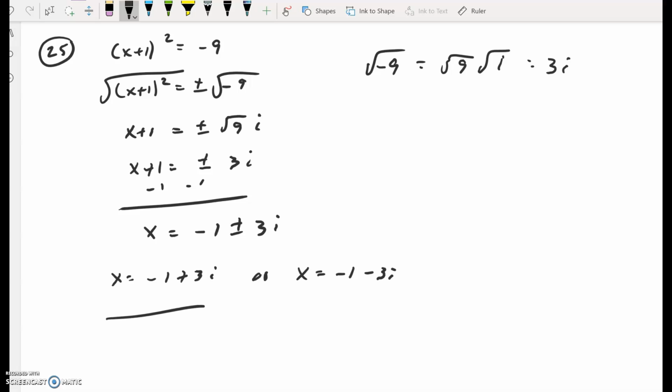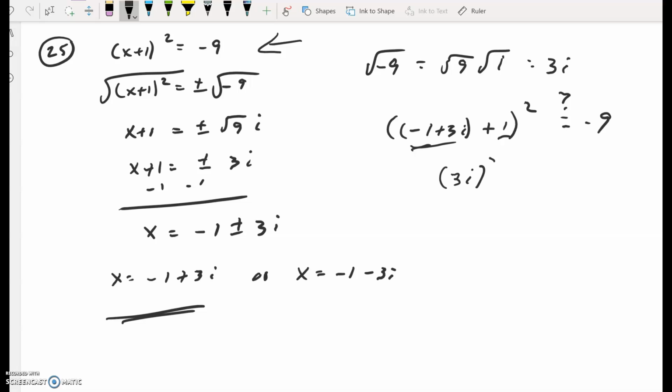So for instance, if I want to check this one, I could go to the original problem and replace x with -1 plus 3i, and then I'd have (plus 1) squared is supposed to equal -9. I've copied the original equation, and I've put in the first value for x. This -1 and that +1 cancel, so I'm left with supposedly 3i.